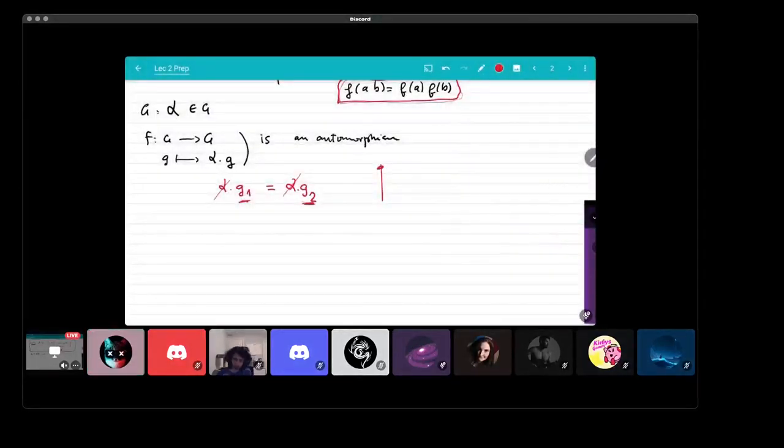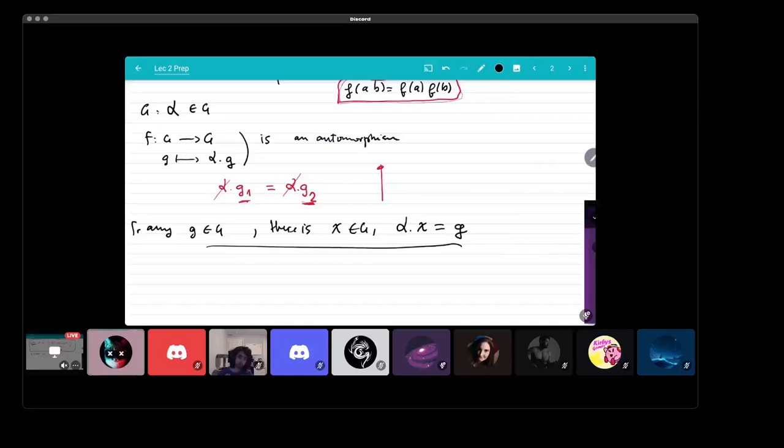And also, for it to be a bijection, we need that all elements have pre-images. Basically, for any g in G, there is x in G such that alpha times x equals g. This is true, and so it's a bijection.